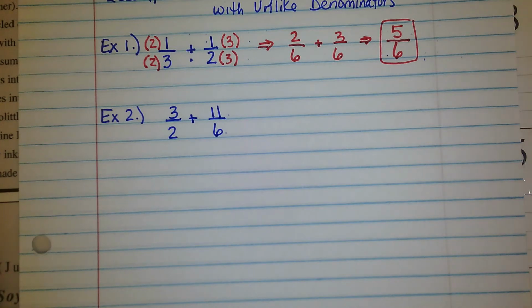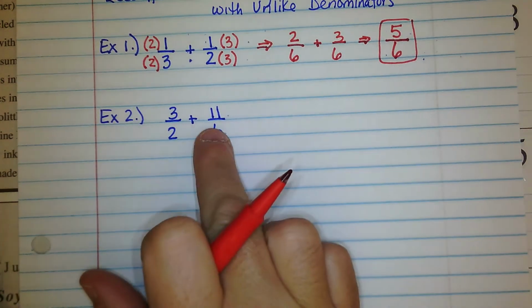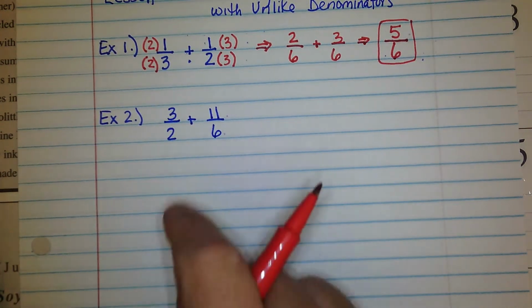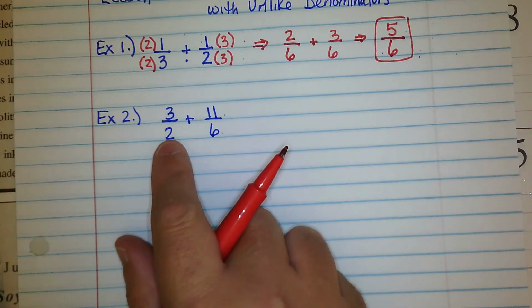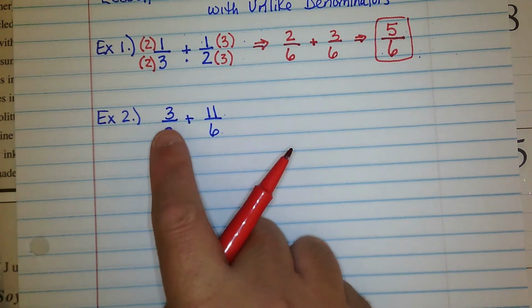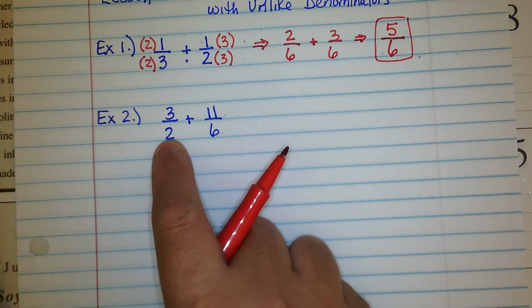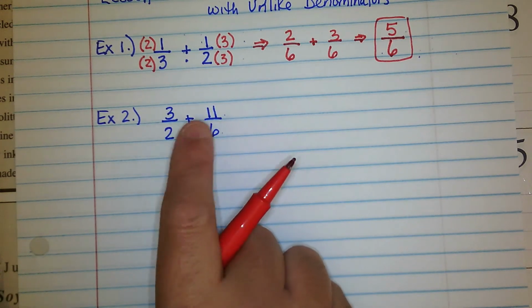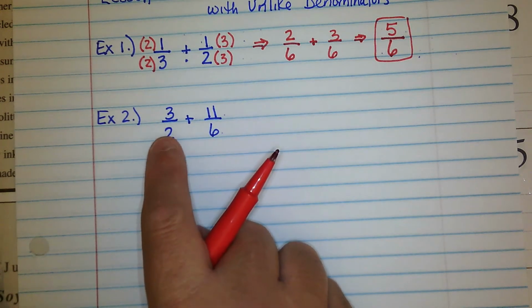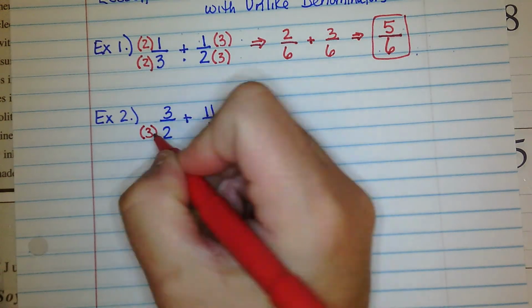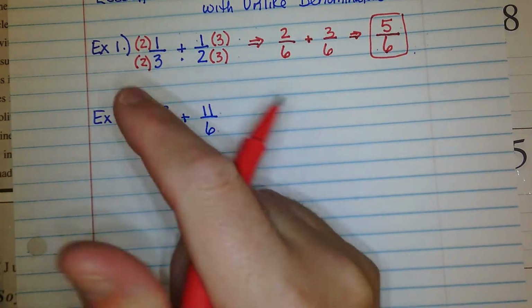It doesn't matter what the numerators are. In this case, you can swap the numbers if you want, but you're going to have an extra step at the end. Do you notice that 2 actually goes into 6? If I know that 2 is a factor of 6, meaning that I can multiply something by 2 to get 6, then that's what I'm going to do. In order for my 2 to become a 6, I'm going to multiply by 3. And whatever I do to the bottom, I do to the top.